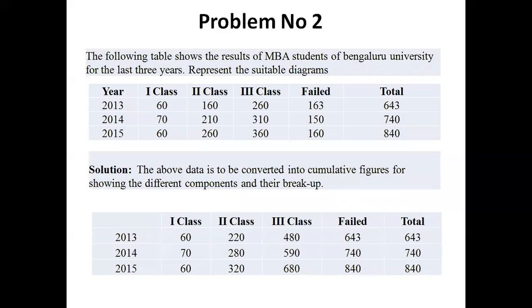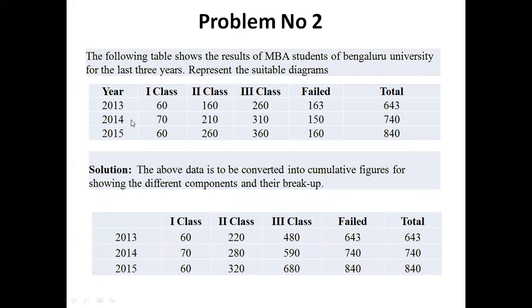Next, come to the second problem. This is drawn by using a computer in the Excel sheet. The following table shows the result of MBA students of Bangalore University for the last years. This is an examination problem also. Represent the suitable diagram. Here there are 3 years of information, 13, 14, 15.